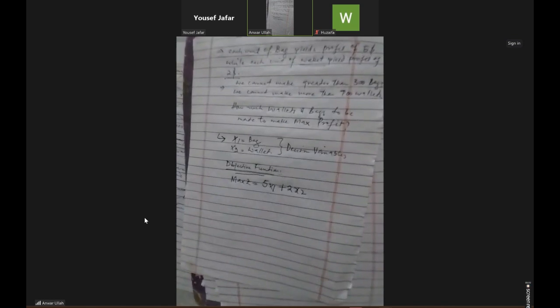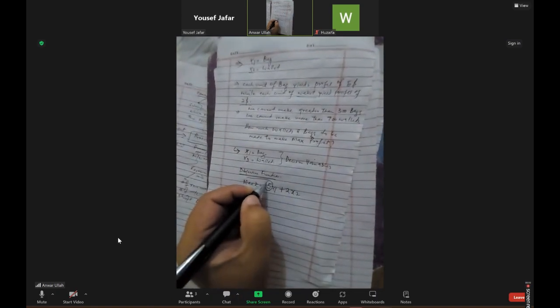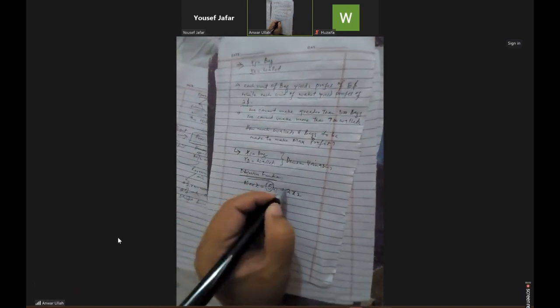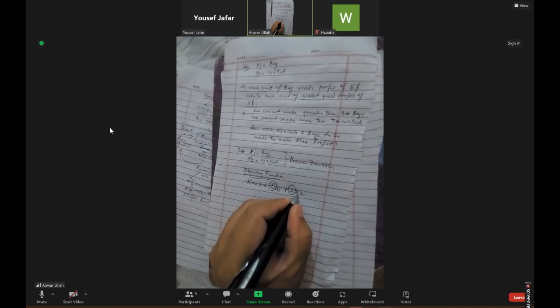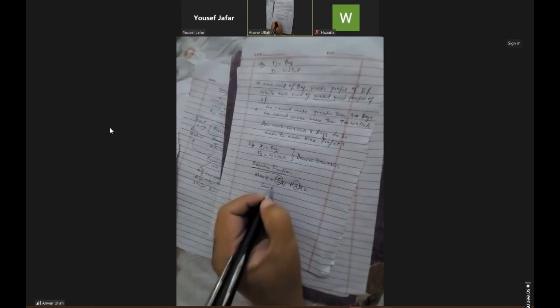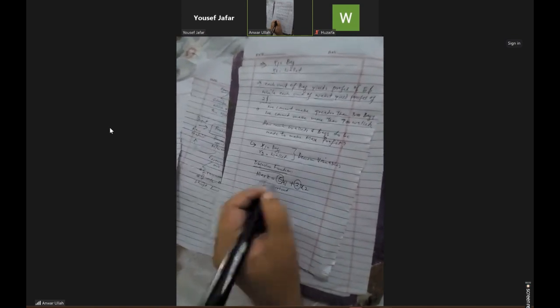It is yielding $2 per unit. So this is the objective function for this problem. This is the profit for each bag, and this is the profit for each wallet. And we have x1 representing bag and x2 representing wallet. So we will use the sum product formula.